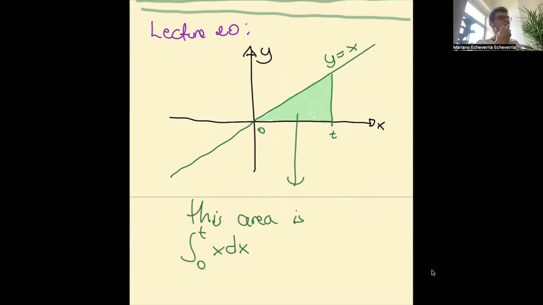Okay, but now, can anyone guess what the area of this triangle is? I mean, it is a triangle, right? So what's the area of this triangle?